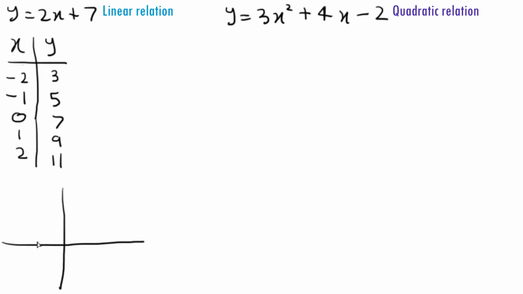It won't be very to scale here, but I can put the -2, -1, 1, and 2, and then over here like this. I now plot the points: (-2, 3), (-1, 5), (0, 7), (1, 9), and (2, 11).